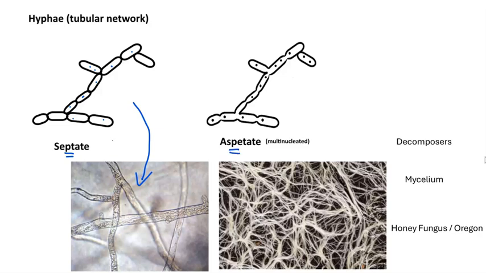Septa is a wall that separates, and so aseptate fungi, which is illustrated here, the end walls have broken down, and this has the interesting effect that we might have two or more adjacent fungal cells like so.